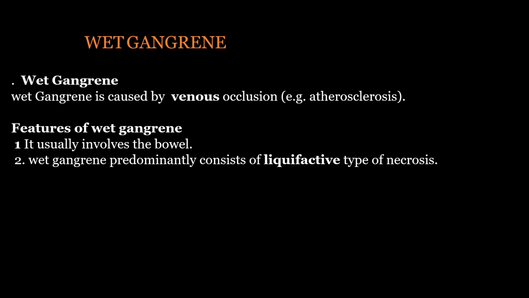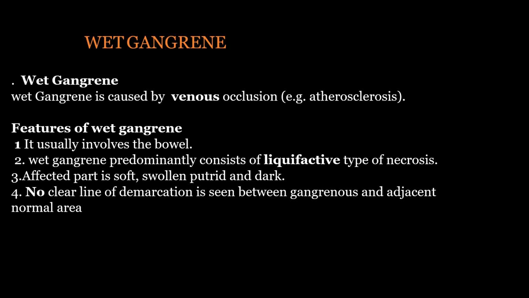Wet gangrene predominantly consists of liquefactive type of necrosis, but we said dry gangrene consists of coagulative type of necrosis. The affected part is soft, swollen, putrid, and dark. Here, in wet gangrene, there is no clear line of demarcation between the gangrenous part and the adjacent normal area.